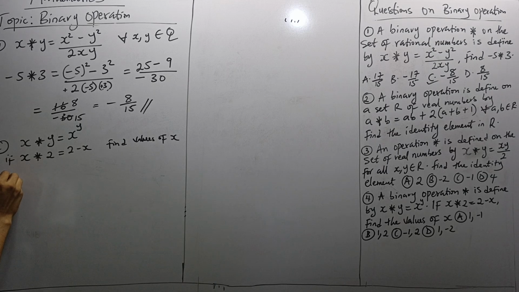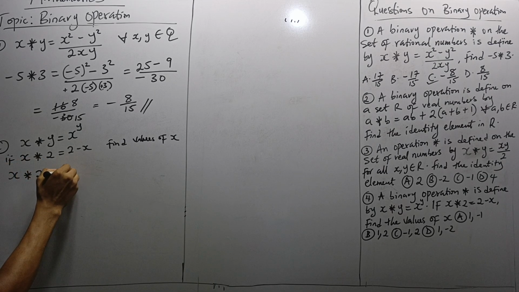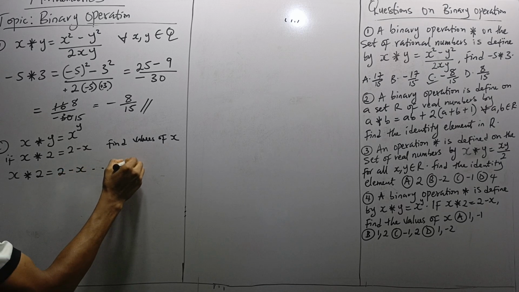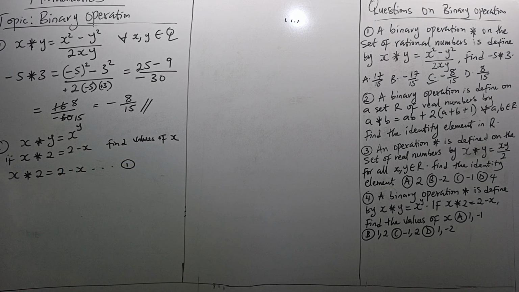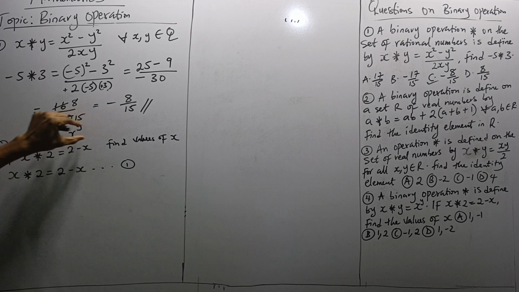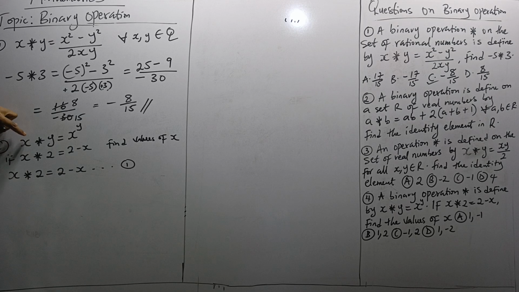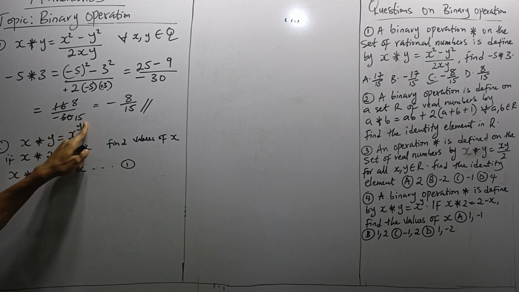That x operation 2 equals 2 minus x. That is the conditional statement they gave us. Then this can also be replicated from the general equation. The general equation says whenever two elements combine, it is the first raised to power the second.